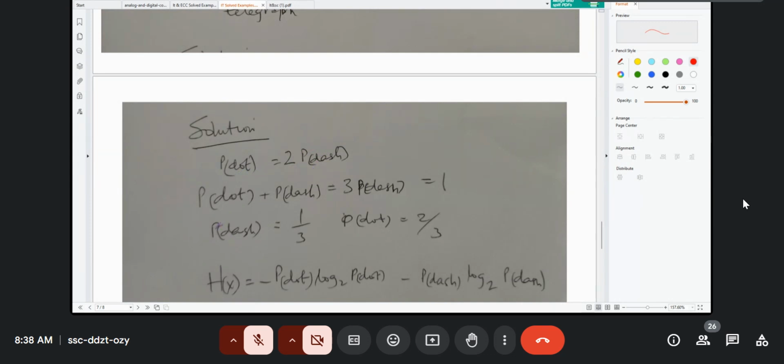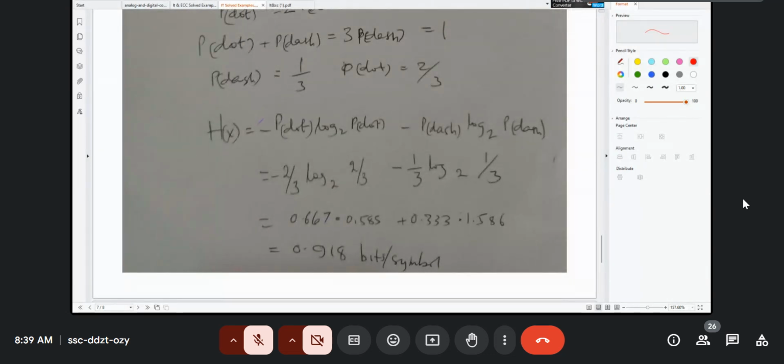P(dot) plus P(dash) is the same as 3P(dash), because we know P(dot) is 2P(dash). This must be equal to 1, since the total probability is equal to 1. So P(dash) is 1/3, and therefore P(dot) is 2/3.